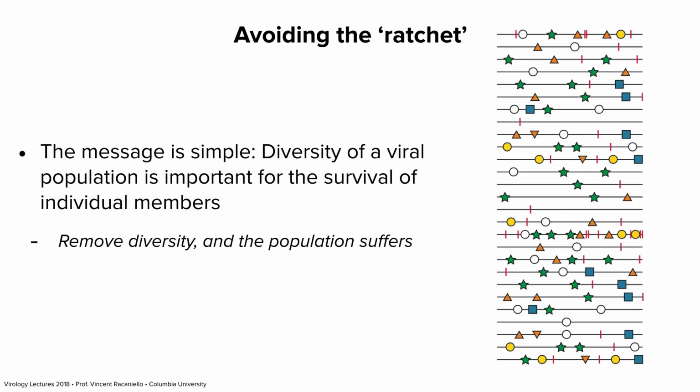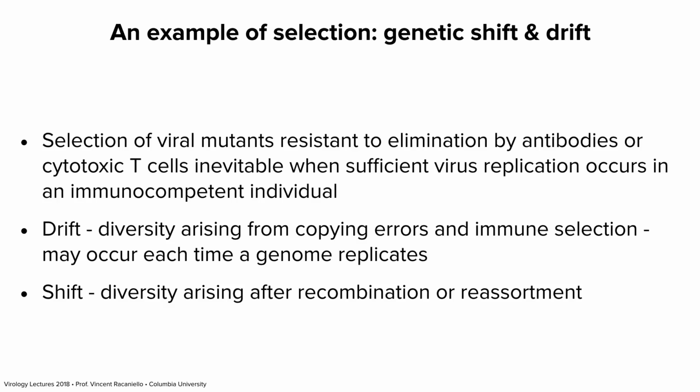Diversity is important for the survival of individual members. That's kind of a tough thing, maybe not so straightforward. Survival of an individual member depends on the diversity of the population. If you restrict the diversity, the whole population suffers and no one can get through. So that is error threshold and Muller's ratchet.